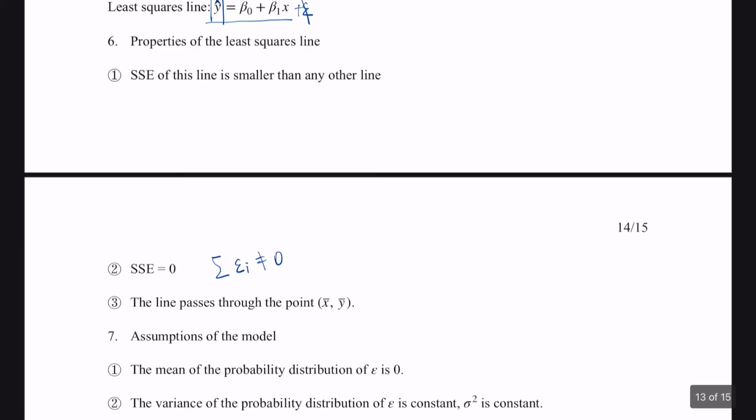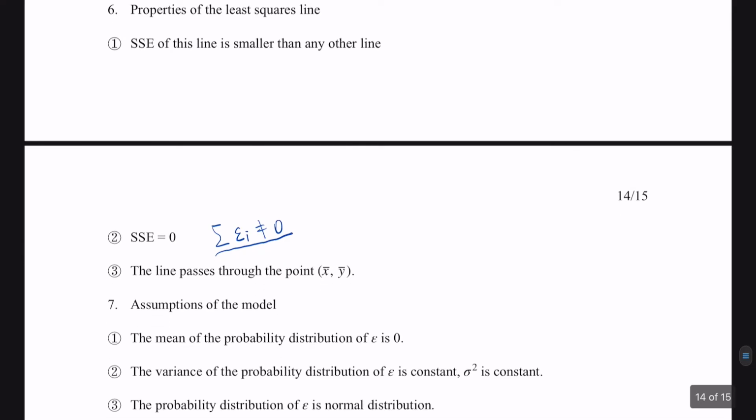The sum of all the random errors may be bigger than 0, maybe smaller than 0, but it does not mean the sum of all the random errors is equal to 0.